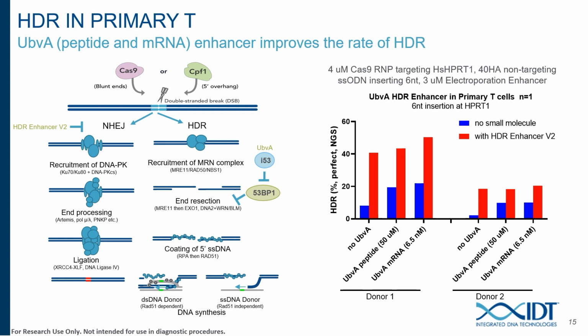And furthermore, we've observed that combining UBVA and the small molecule HDR Enhancer version 2 has a synergistic effect. And when combining these two reagents at appropriate doses, that's where you see the highest rates of HDR. And we tested that in primary T cells with two different biological replicates and saw the same effect here.